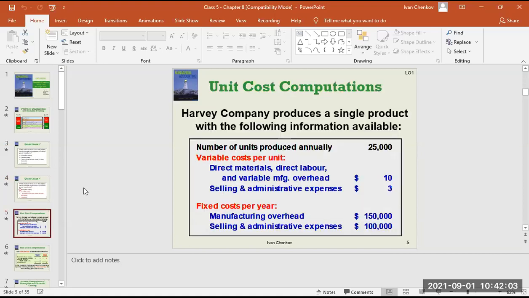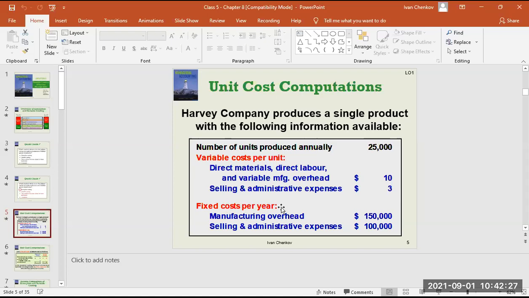Let's see one example now. This company produces a single product. The following is the information. They're producing 25,000 units. The variable costs are direct material, direct labor, and variable manufacturing overhead of $10, and selling and administrative expenses of $3.